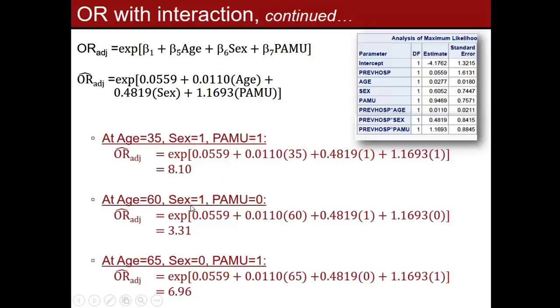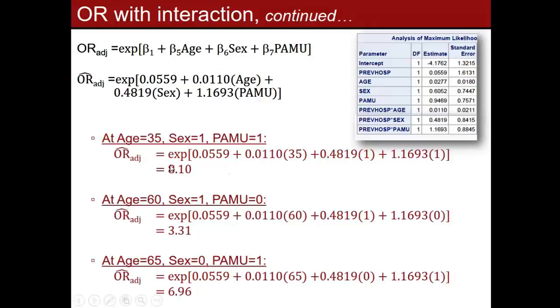And look, you get all these different odds ratios because you're feeding your formula different values of the effect modifiers. These are the 3 pieces that are multiplying times previous hospitalization. And lo and behold, you get different answers. So 35-year-old, sex 1, PAMU 1 is at more risk than this group, in terms of the effect of previous hospitalization being higher for them.